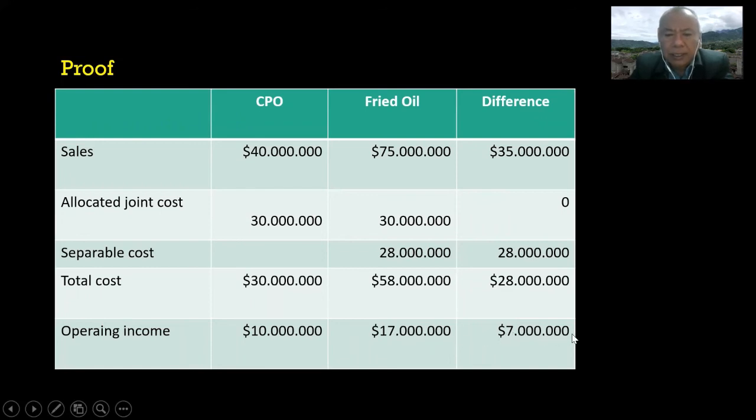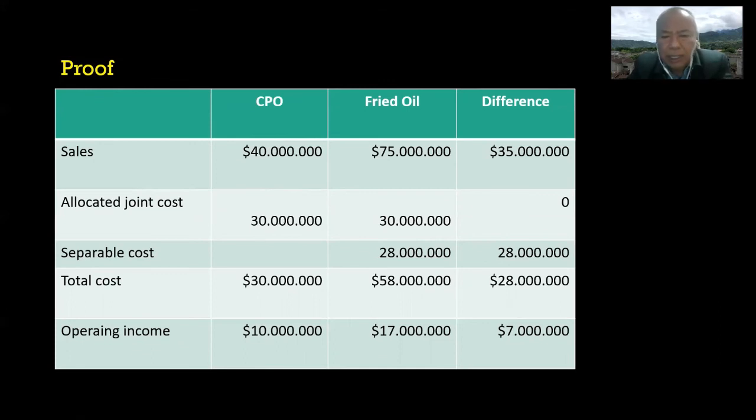So you can see in this case allocated joint costs are actually irrelevant costs. Whatever decision that we make, we have the same total cost. So actually we can eliminate this allocated joint cost from the calculation.